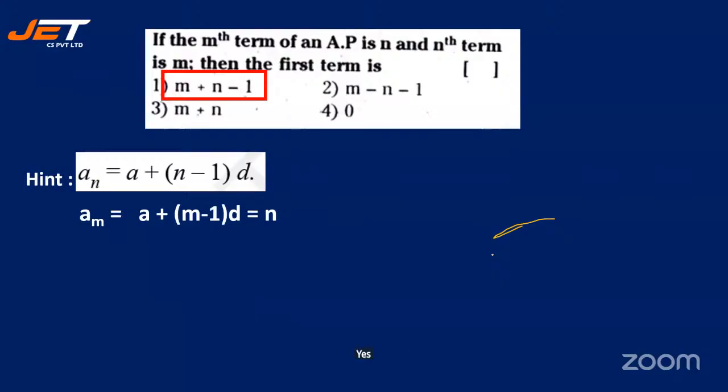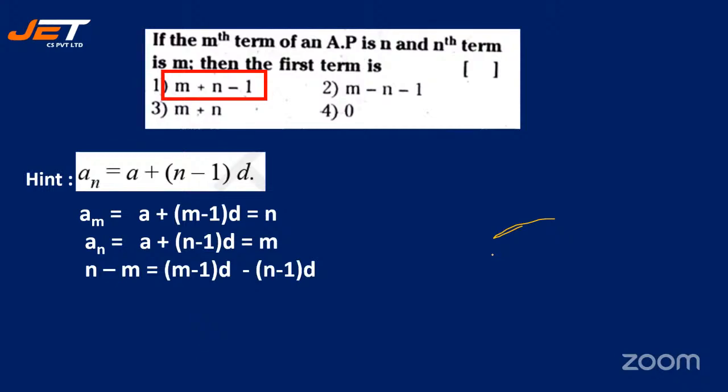Yes. So here we have a_m will become a plus. So in the place of n, we have m, isn't it? So n minus 1 will become m minus 1 into d is n. Like that, a_n is equal to a plus n minus 1 into d, which is m.